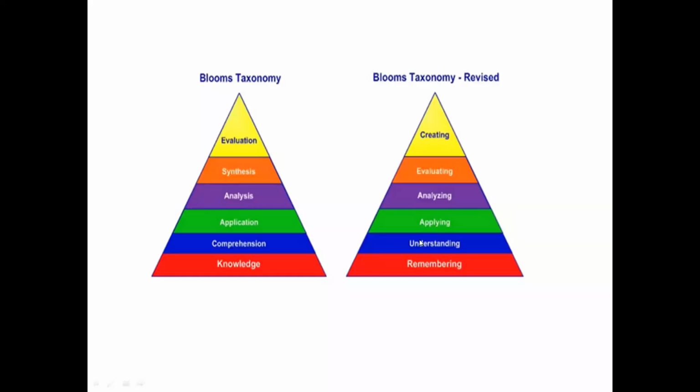So Bloom taxonomy should be applicable in our lecture method. On the left side is Bloom taxonomy, where knowledge is the base, then comprehension, application, analysis, synthesis, evaluation. This one is the older one, and this other Bloom taxonomy is the revised one.